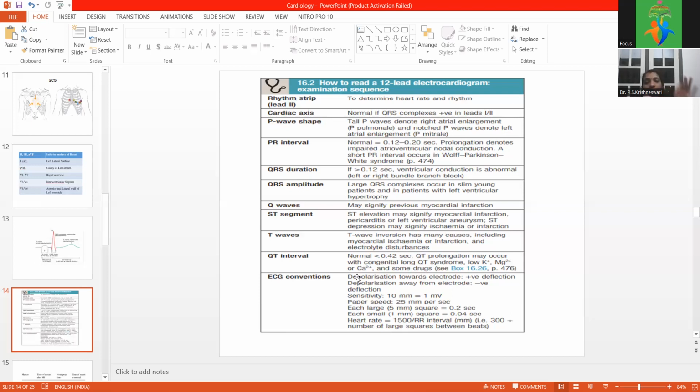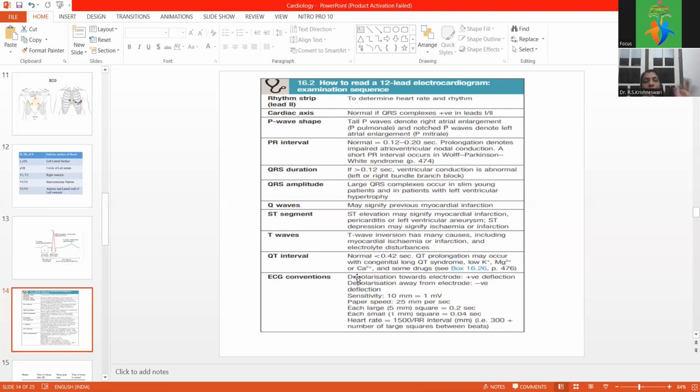So the important things to carry in your mind from this table: cardiac axis is normal when leads 1, 2, and AVF are positive. Rhythm strip is lead 2. PR interval is prolonged when there is AV nodal delay and less when there is Wolff-Parkinson-White syndrome. QRS duration is increased when there is bundle branch block. QRS amplitude is more when there is left ventricular hypertrophy.